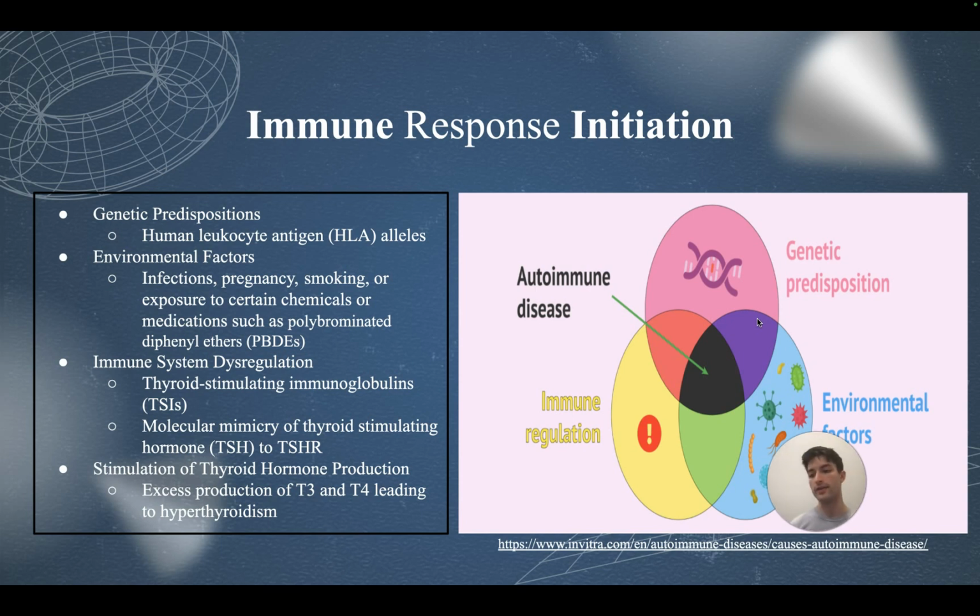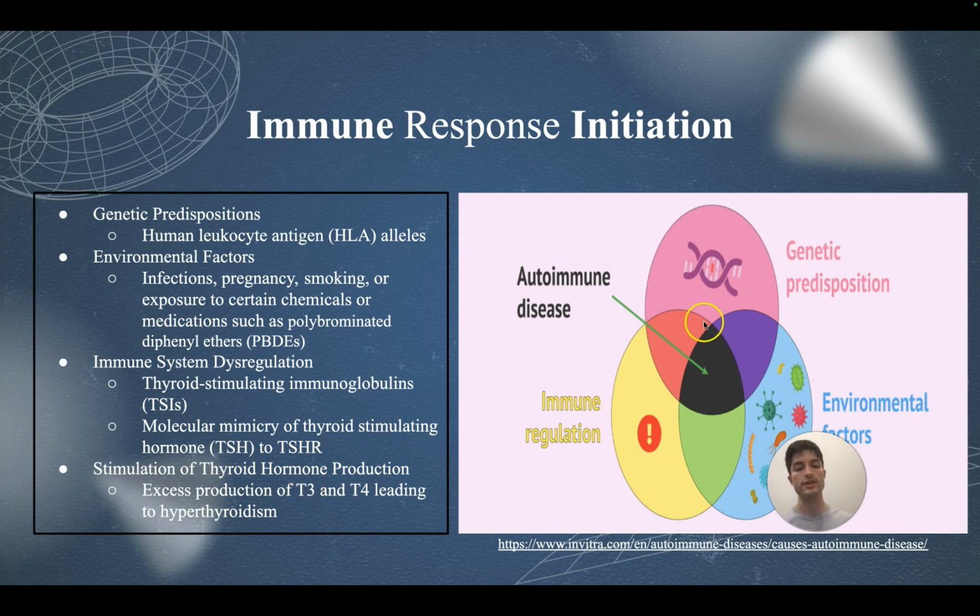Infectious pathogens may also share structural similarities with self-antigens present on the body. This is that molecular mimicry via the TSI of the TSH to the TSHR. And this leads to the stimulation of thyroid hormone production, leading to excess production of T3 and T4.